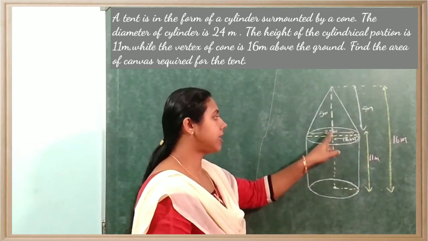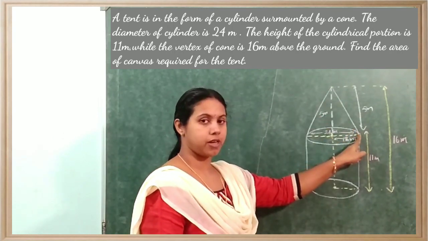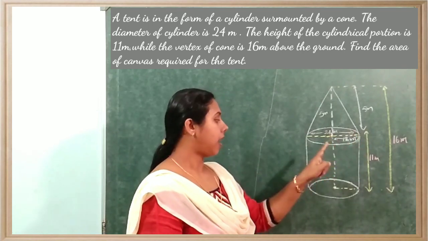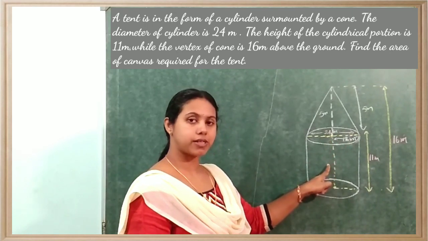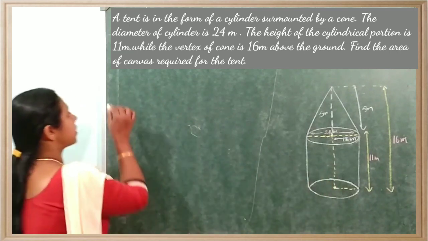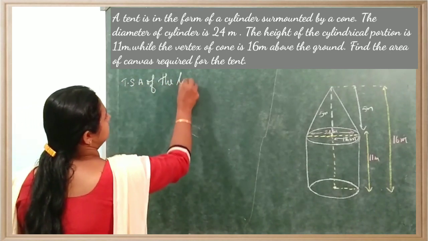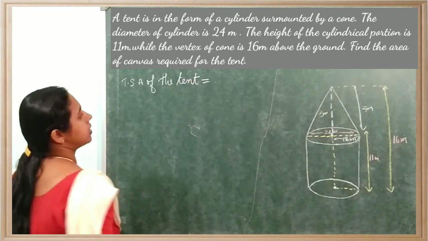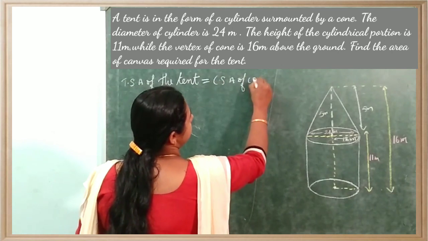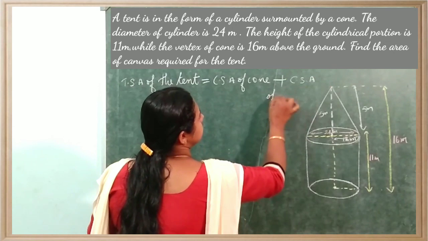So if you know the height and radius, we are able to find the slant height. If you know the slant height, you can find the curved surface area of cone, that is pi r l. And we know radius and height of the cylinder, so we are able to find the curved surface area of cylinder. So total surface area of the tent is equal to curved surface area of cone plus curved surface area of cylinder.